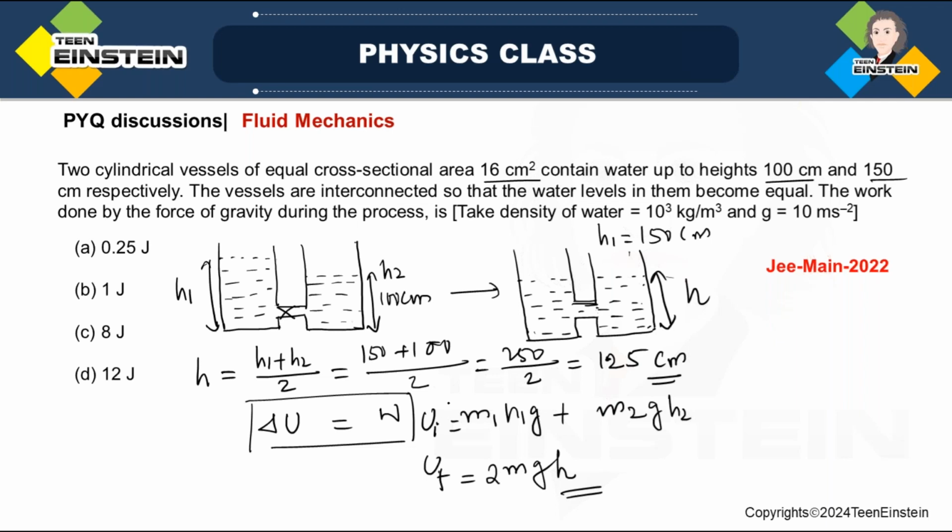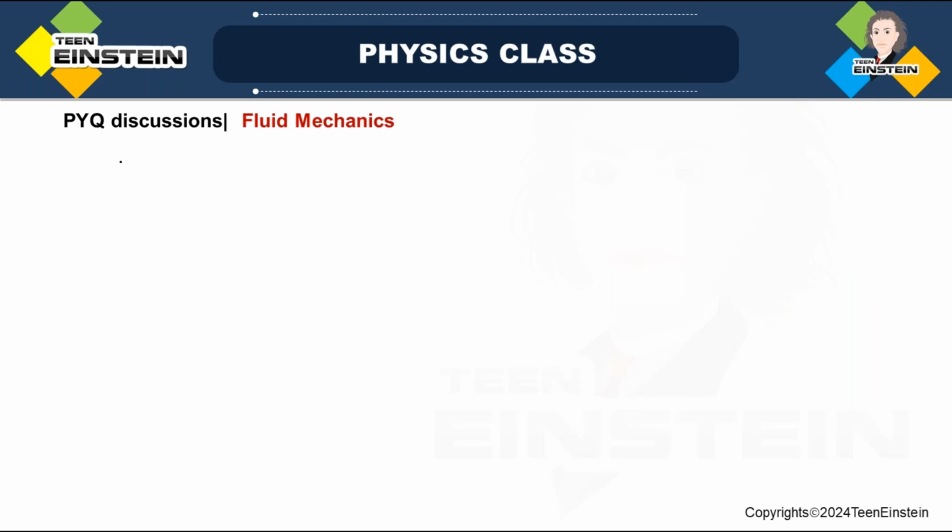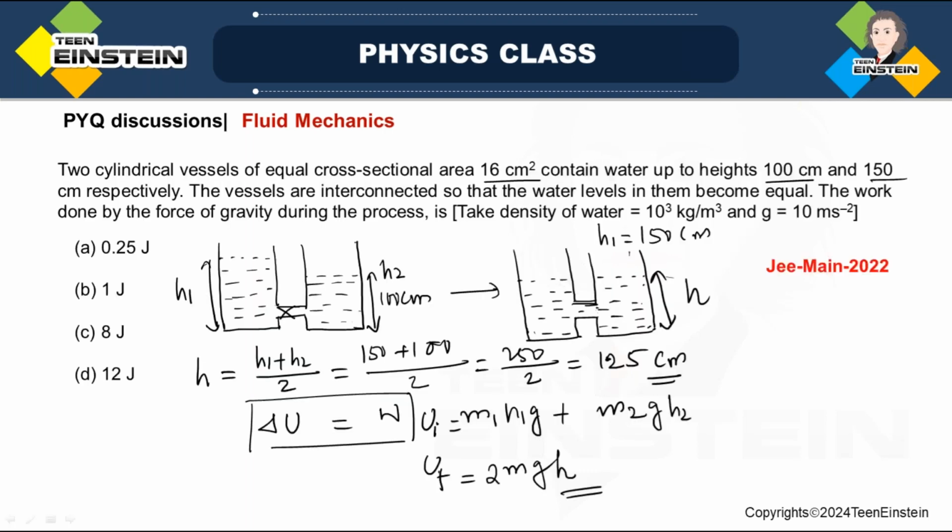Now you take the difference, Uf minus Ui, so that will actually give you the work done. Obviously we have to take the modulus. Let me check now. So what is the initial potential energy? The density of the water is given, the volume we know, the area in centimeter square is given.